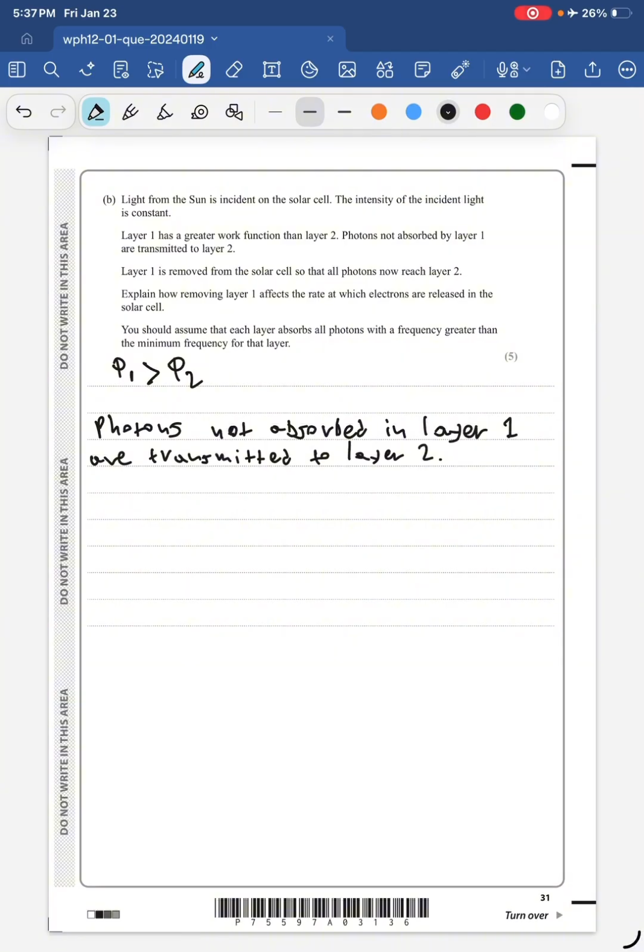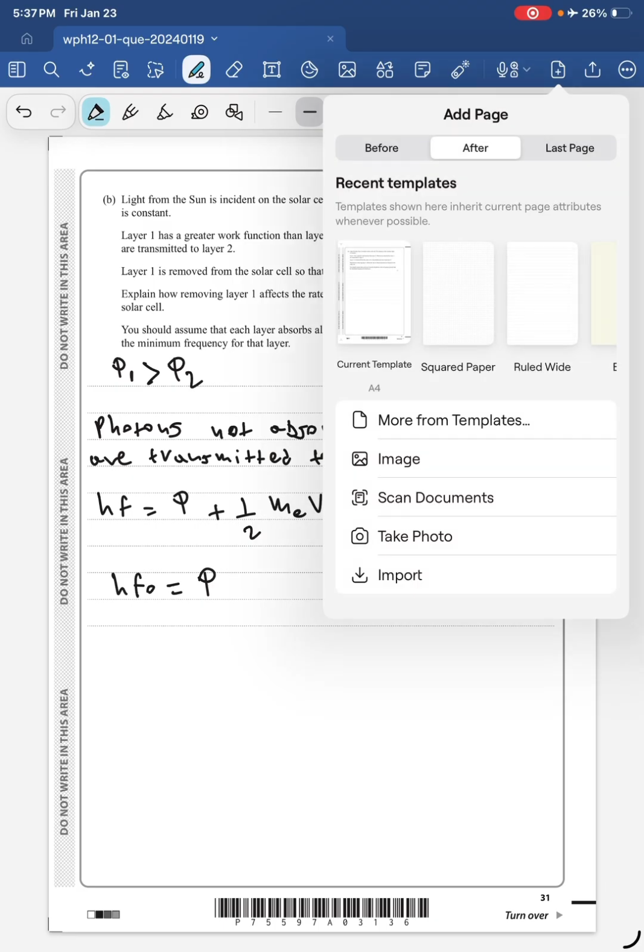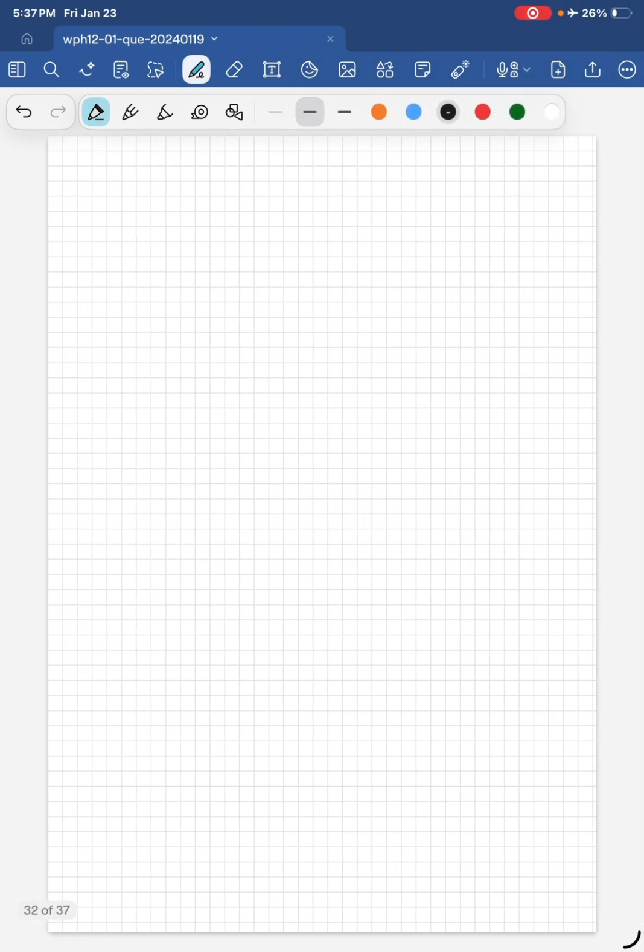Okay, what else do we need to know? The photoelectric equation is H times frequency is the work function plus 1/2 m of the electrons times V max squared. So H times the minimum frequency is equal to phi. Okay, now let's answer. Let me use a clean page.